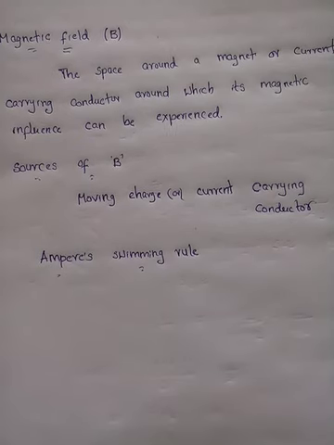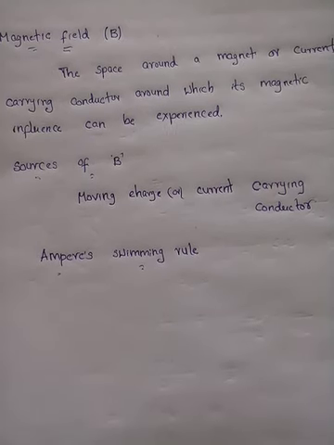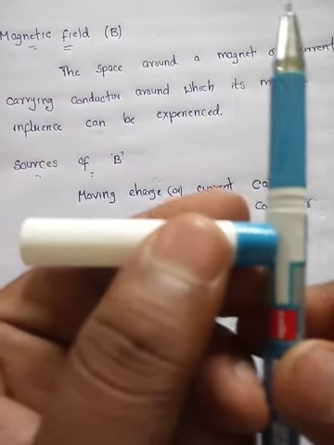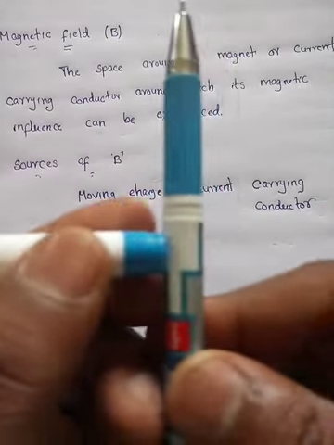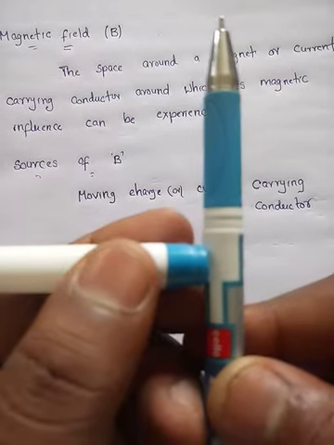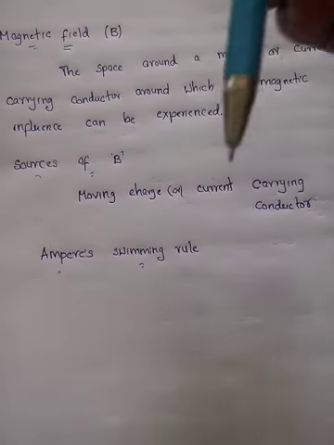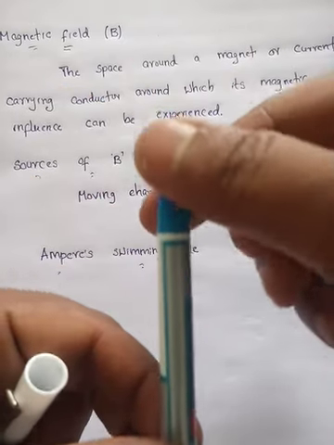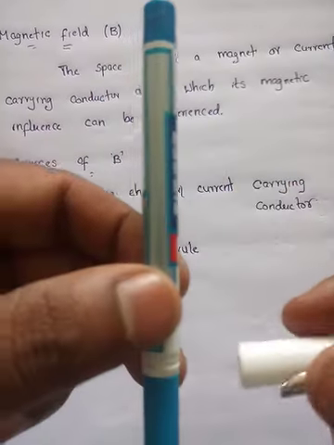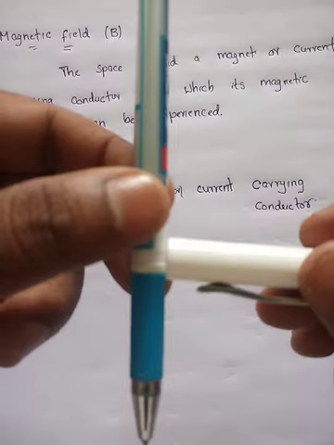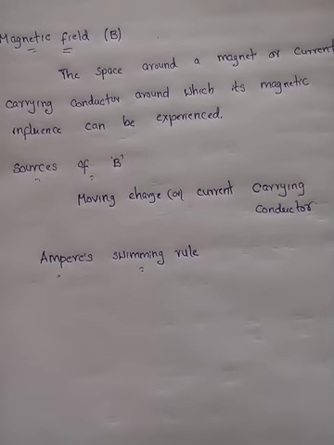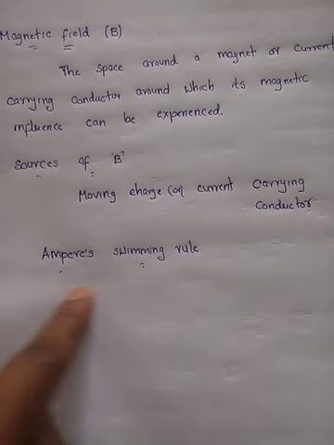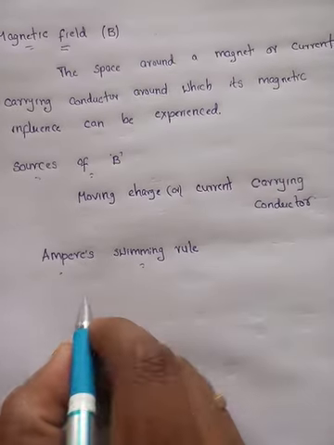For example, I am swimming in a current carrying conductor from south to north. So the current is moving like this. Then my left hand is showing west direction. If I reverse my direction, coming from north to south, then my left hand is towards east direction. So this is the way to find the direction of magnetic field. That is Ampere swimming rule.